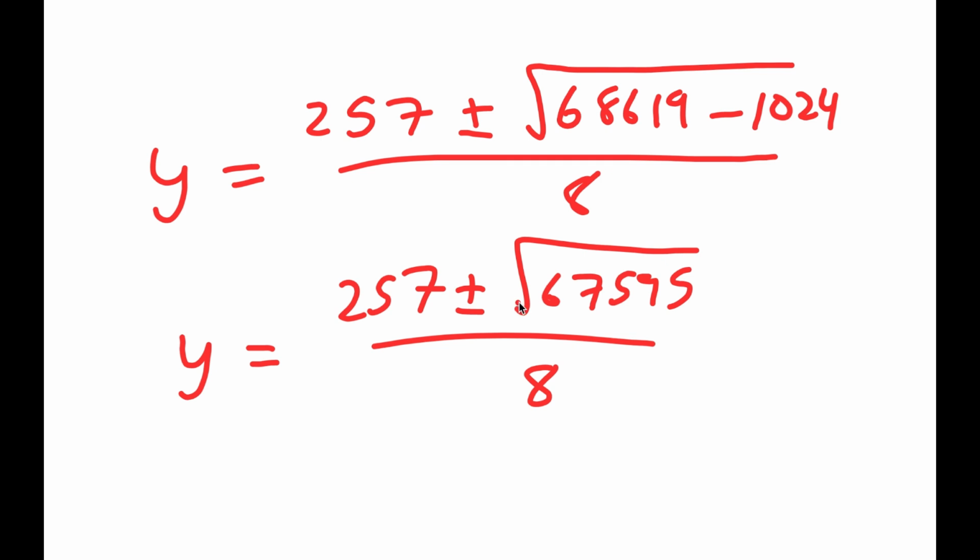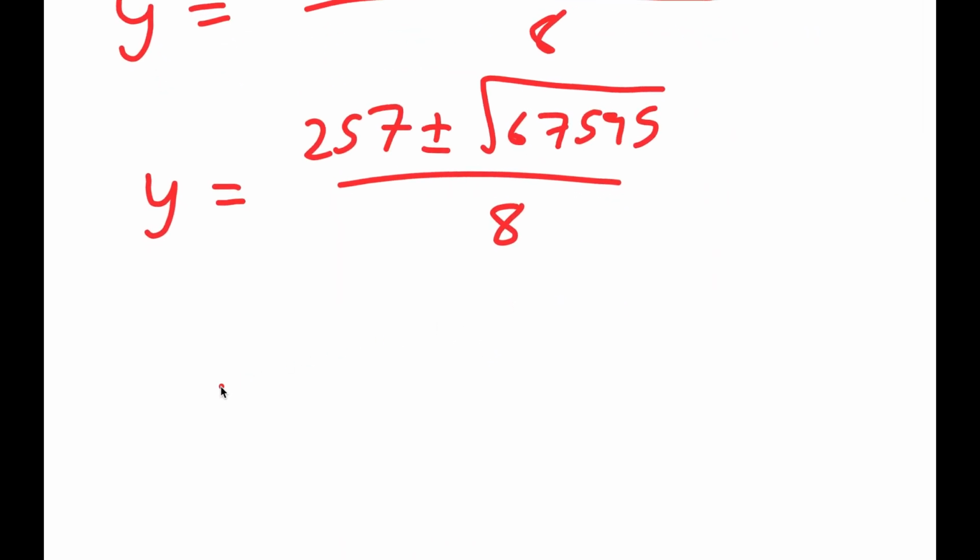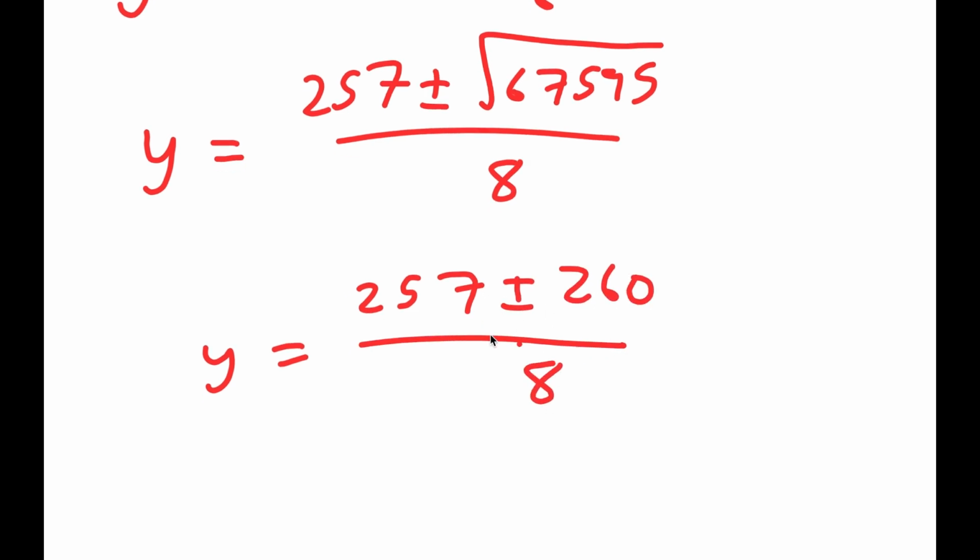And the square root of 65,025 is 255. So I get y is equal to 257 plus or minus 255 over 8.